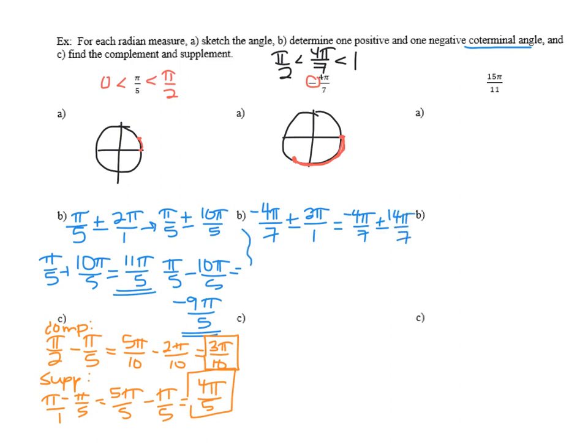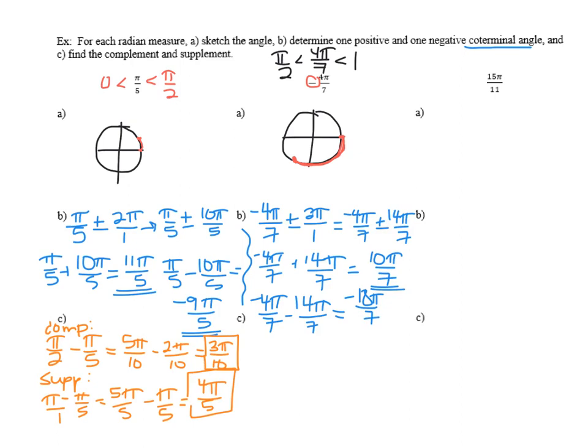To get the positive coterminal angle, if we take negative 4 pi over 7 plus 14 pi over 7, we just get 10 pi over 7. That would be coterminal with the original radian measure. If we take negative 4 pi over 7 minus 14 pi over 7, that crazy radian is going to be negative 18 pi over 7. That would be your negative coterminal angle.